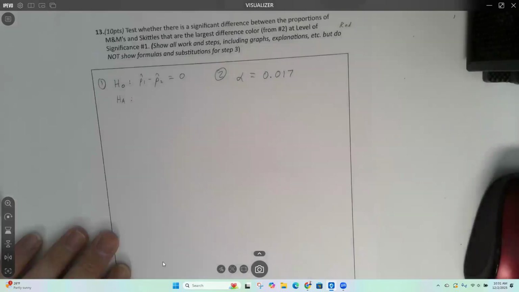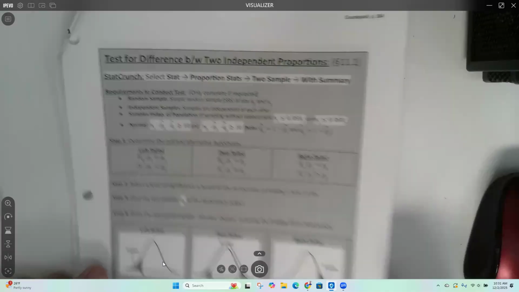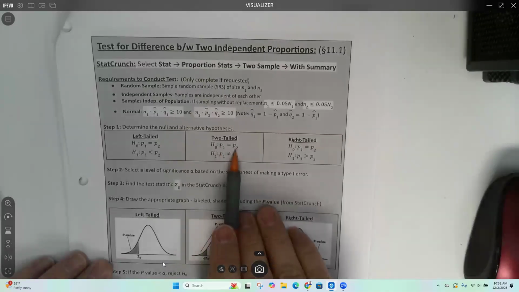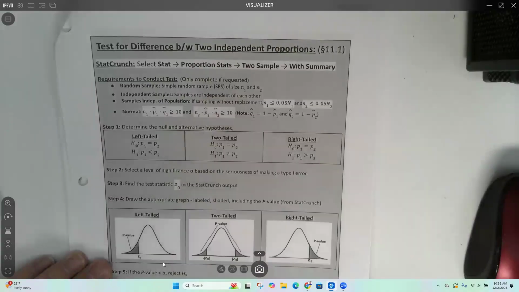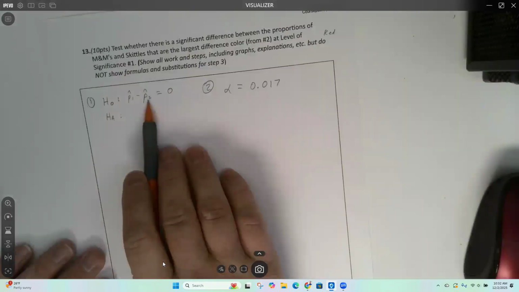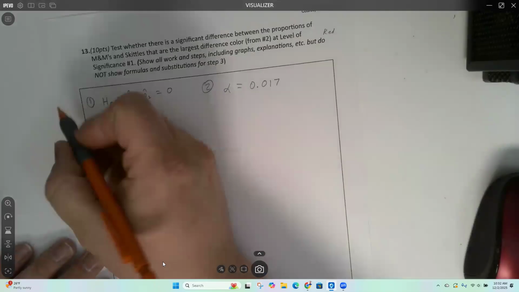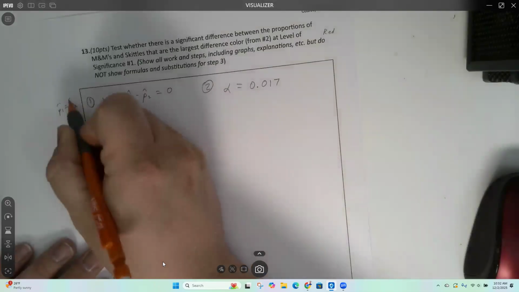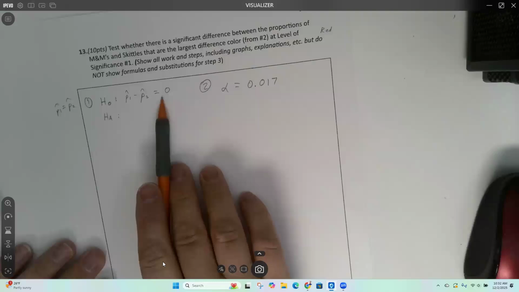You can also write it like this, P1 equals P2. Either way is fine, because basically, if you just add P2 to both sides, you get P1 equals P2, okay? The null hypothesis is always equal.